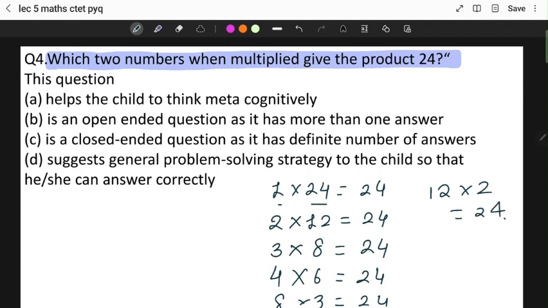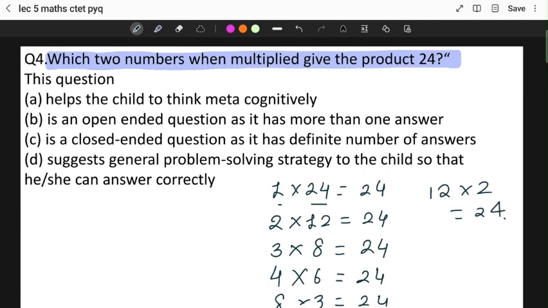So can you see that for the product of two numbers equal to 24, there are multiple ways that I can derive the answer.